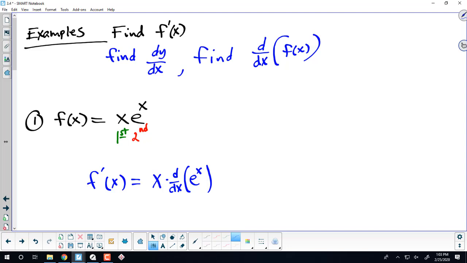I would recommend you do the same thing, because when we get into 3.7 and start looking at the chain rule, it's going to be hard to take certain derivatives in your head, and it's going to be a lot more beneficial to take additional derivatives off to the side and work them. So we have the first times the derivative of the second plus the second times the derivative of the first.